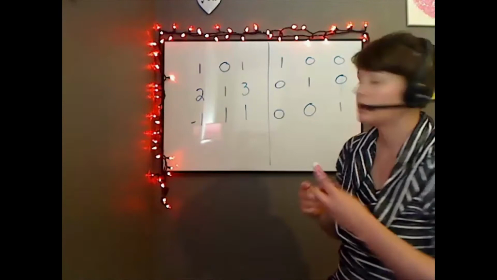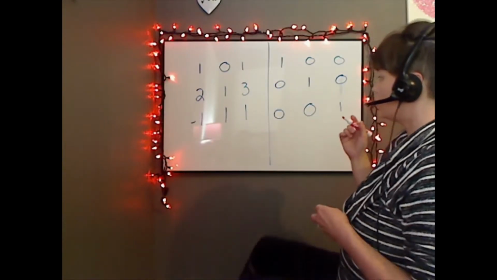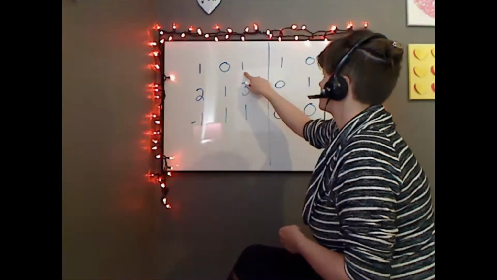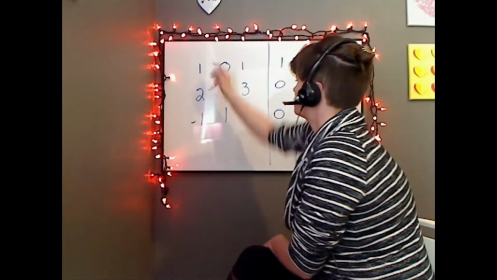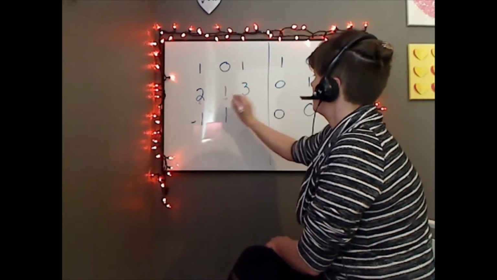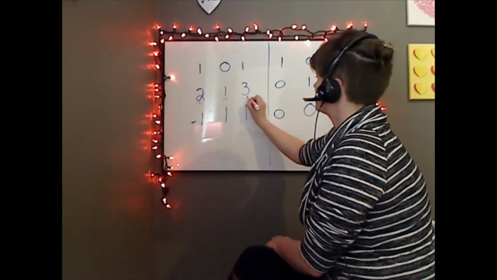My choice. I think I will just subtract 2 times this row. So 2 times 1 is 2, so I'm going to minus 2 from here. 2 times 0 is 0, and 2 times 1 is 2, so I'm going to minus 2.